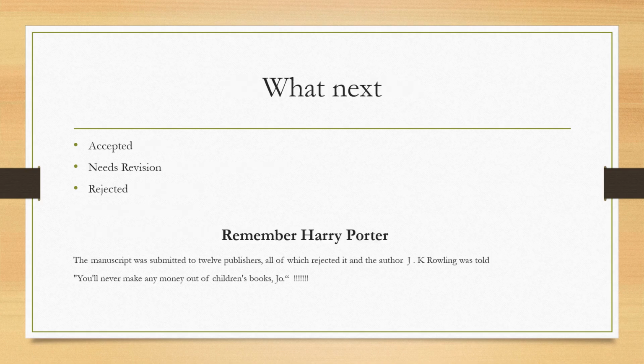What next? So there are three outcomes. Either you are accepted without any changes being asked. It's very unusual, but it can still happen. If it happens, you've done a really good job and been lucky too. Most commonly, they will ask for a revised version. It could be either a major revision or a minor revision.